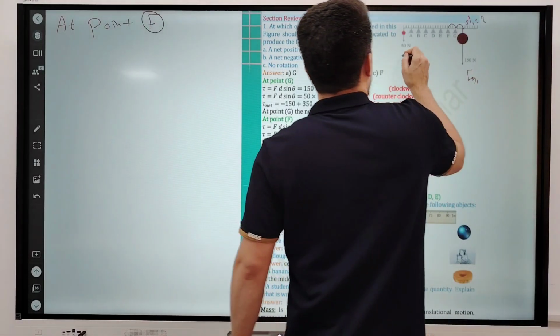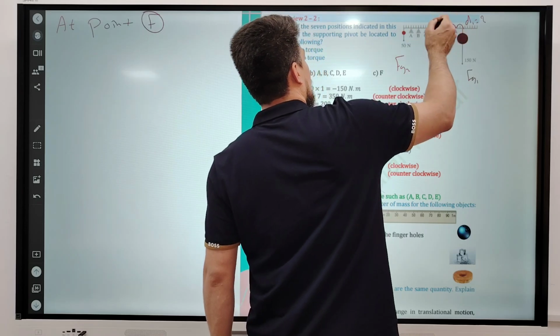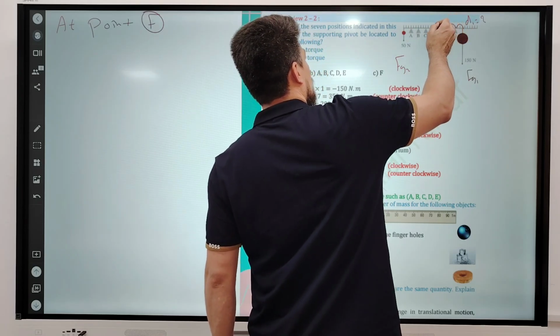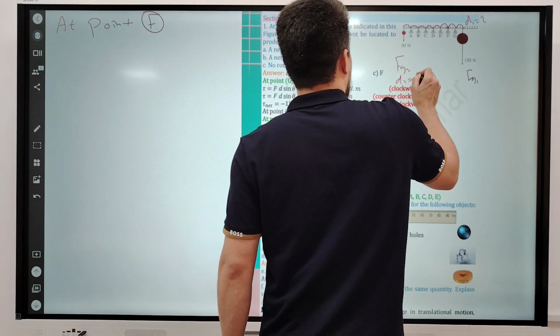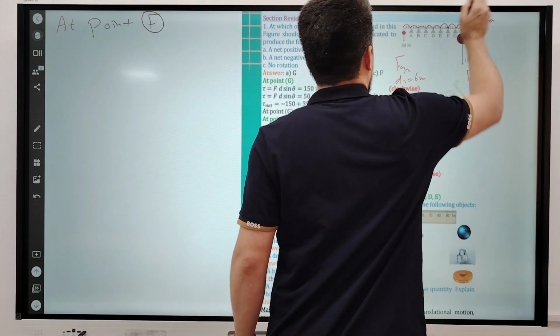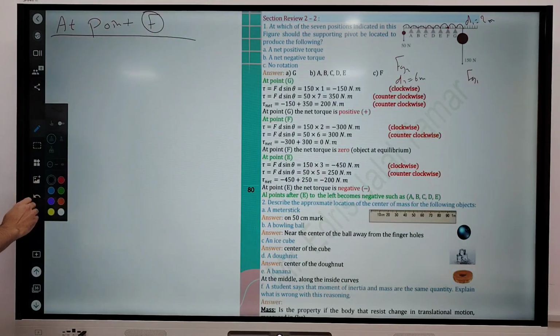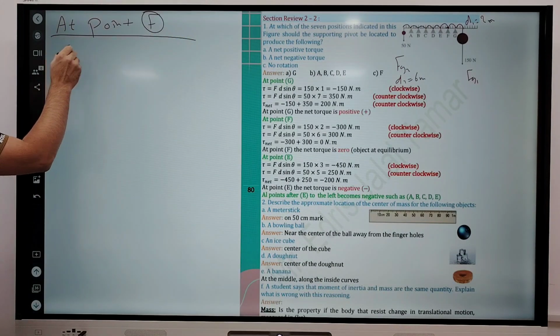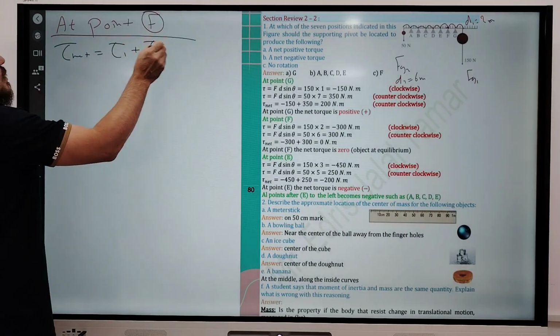But for the Fg2, the distance from F to the Fg2 is equal to how many meters? 1, 2, 3, 4, 5, 6. So D2 is 6 meters. D1, 2 meters. Okay? Let's write the equation. Net torque is equal to torque number 1, torque number 2.